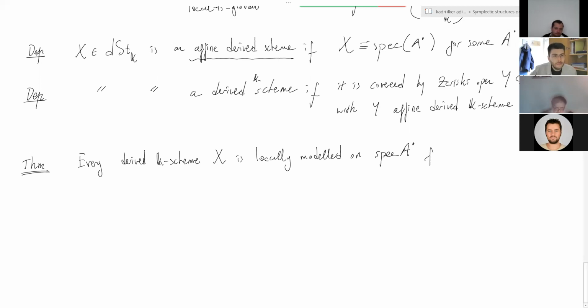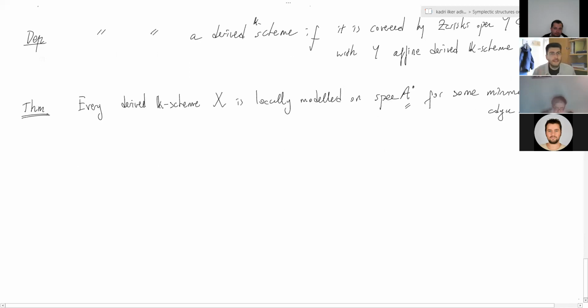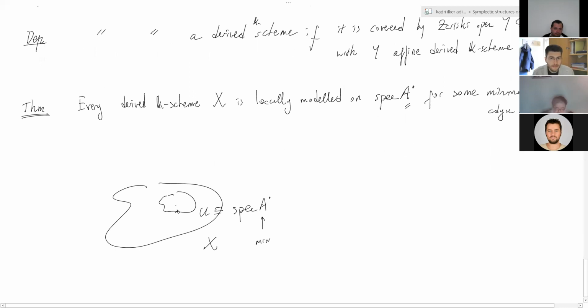But now you can make this A dot special, for some minimal standard form CDGA A dot. So you can find a more refined affine neighborhood. If you have a point small x here, you can find a refined neighborhood U, which is given by spec A dot, but this A dot is of minimal standard form.